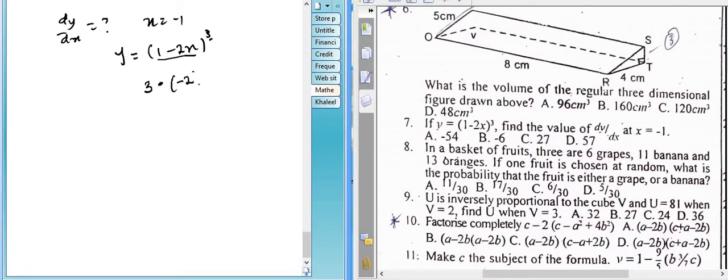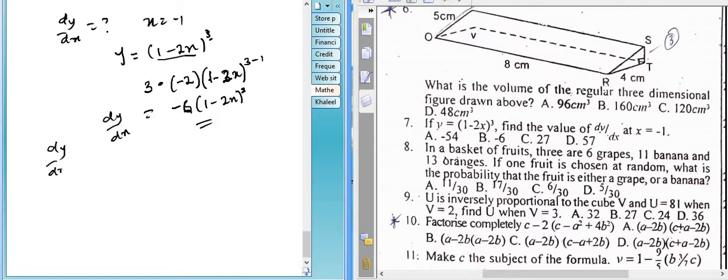Then subtract 1 from the power 3. That gives -6 times (1 minus 2x) to the power 3 minus 1, that's 2.